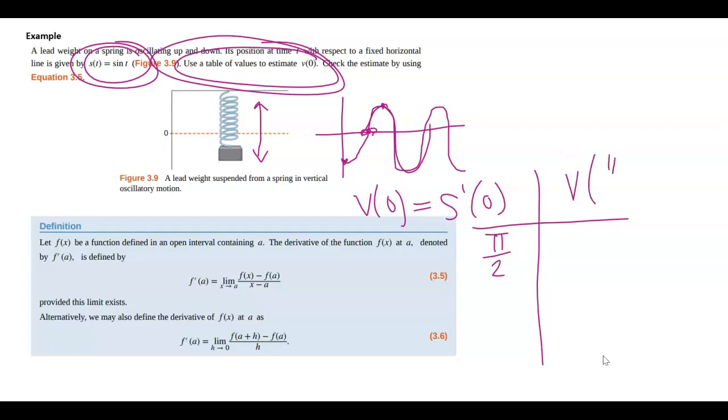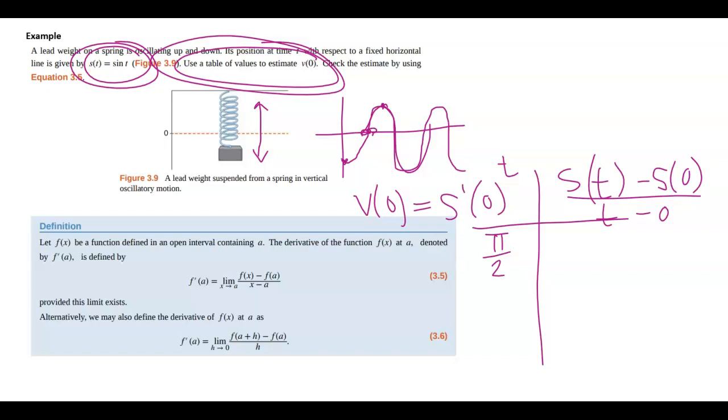We'll call this t. We'll say this is S of t minus S of 0 over t minus 0. Sorry, I said V earlier, that's not true. There we go. That's going to approximate for us.